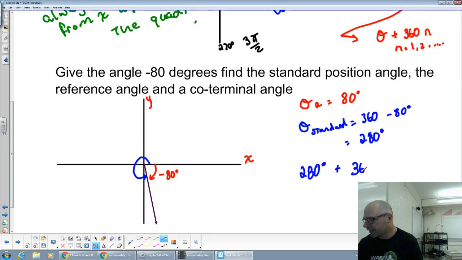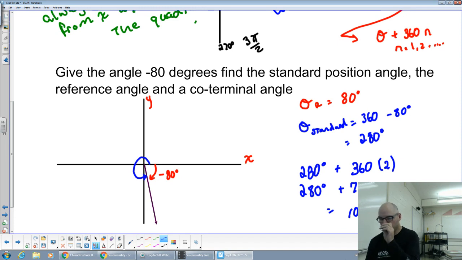So let's go 360 times 2, just for fun. 280 degrees plus another 720, so a coterminal angle then would be a nice even 1,000 degrees. Or you could do a negative one as well. So that's an example of that.